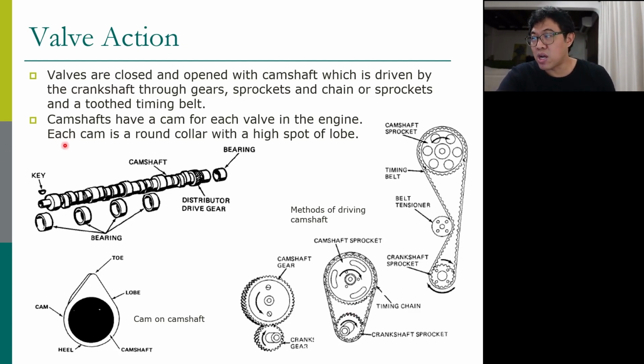But the camshaft only operates one round because it opens the valve only once, right? So two rounds of crankshaft must equal one round of camshaft. That's why the camshaft sprocket always has to be twice the size of the crankshaft sprocket. To complete one cycle, this one rotates twice, this one rotates only one round.